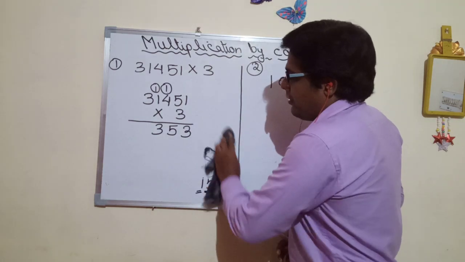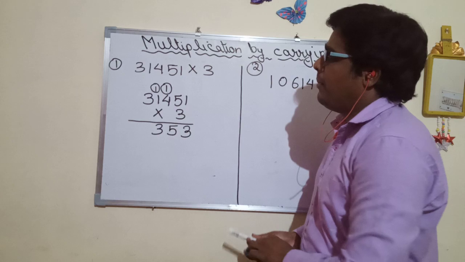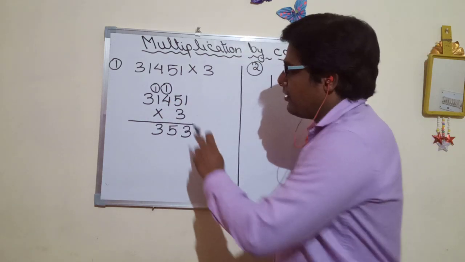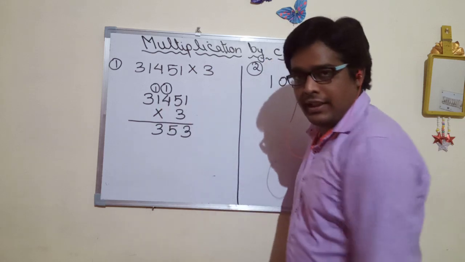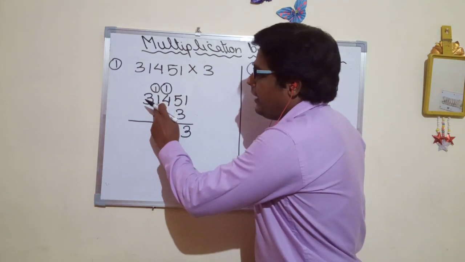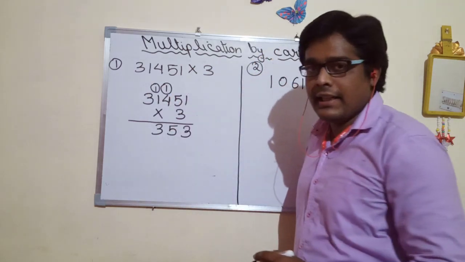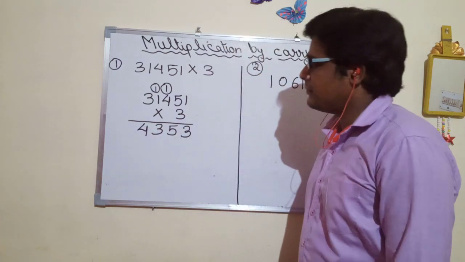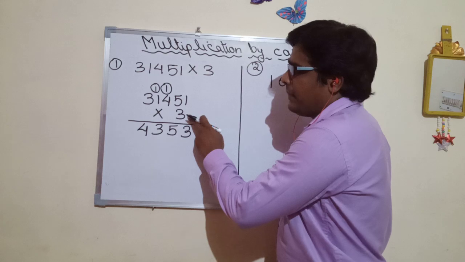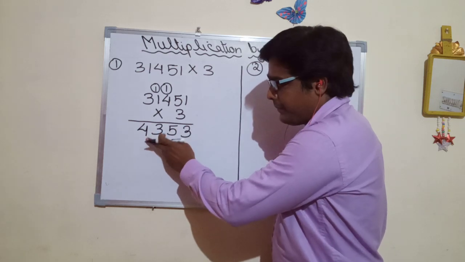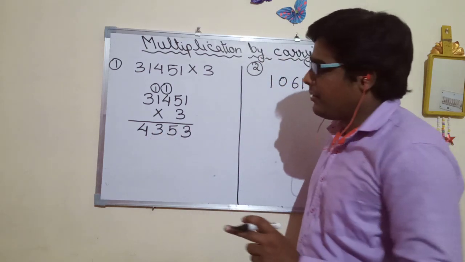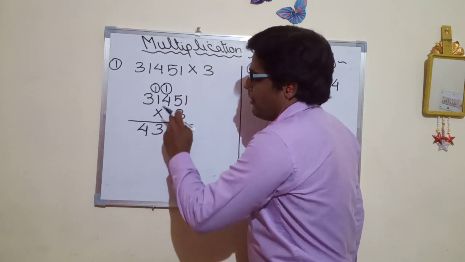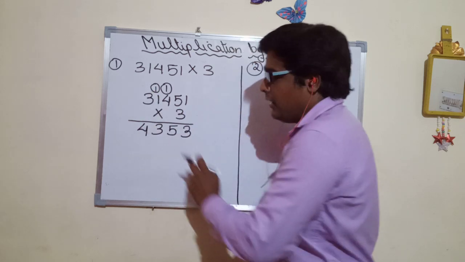Now multiply 3 by the next number, that is 1. 3 ones are 3. 3 plus 1, how much you will get? 4. So write 4 over here. Now 4 is a single digit number, so no need to carry anything above 3. 4 you will write here only.